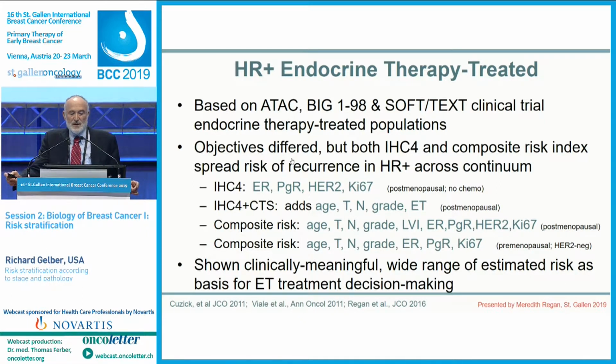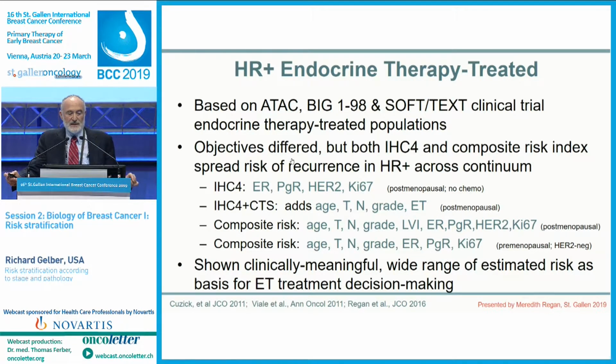IHC4 uses ER, PGR, HER2, and Ki-67, postmenopausal no chemotherapy, and adding CTS, clinical features, to the IHC4 adds age, T, N, grade, and endocrine therapy. The composite risk for postmenopausal patients uses age, T, N, grade, LVI, ER, PGR, HER2, and Ki-67.